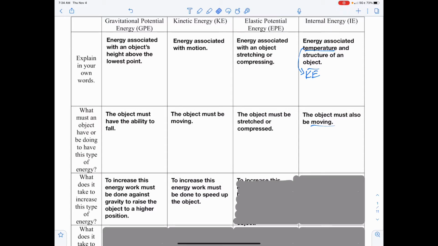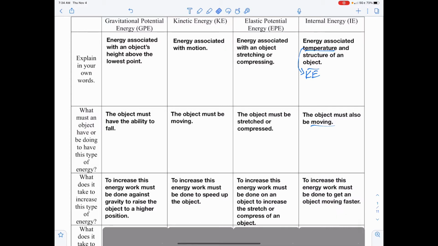To increase elastic potential energy or spring potential energy, work must be done to increase the stretch or compression of that object. And what work must be done to increase internal energy? Work must be done to get the object moving faster. Notice the connection between internal energy and kinetic energy, related through the concept of temperature.